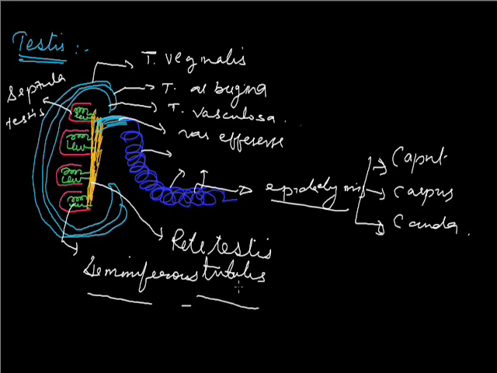The seminiferous tubules are the structural and functional unit of the testis, which actually produce the sperms. Then all those seminiferous tubules are opening into the common opening that is known as the rete testis. Further, the rete testis is opening into the vasa efferentia, and finally the vasa efferentia is opening into the highly coiled structure that is known as the epididymis. This is the structure of the testis.